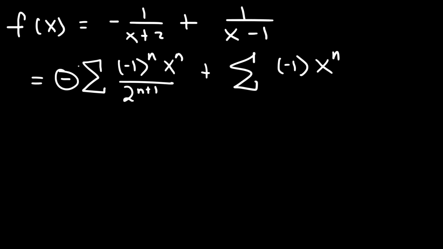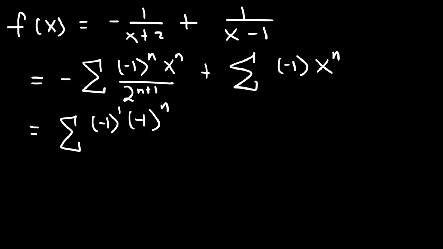Now this negative, I'm going to move it inside the expression. So I'm going to move the -1 to the front, so to speak. So this is going to be -1 to the 1 power times -1 to the n. The only reason why I chose to move it here is to combine it with -1 to the n. Now this negative, I'm going to move it outside because it doesn't have an n power to it. So this is just going to be minus x to the n.